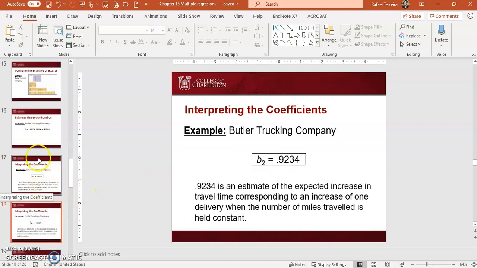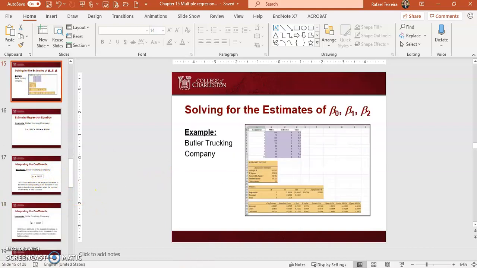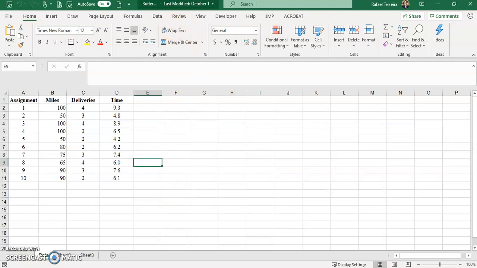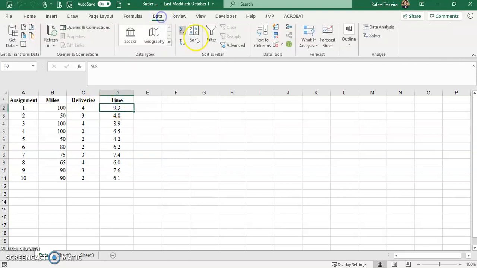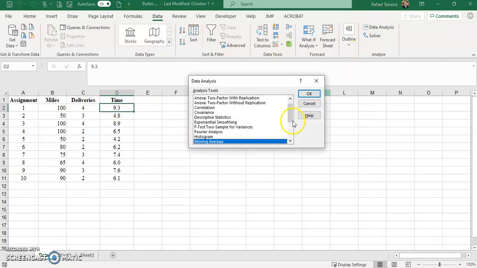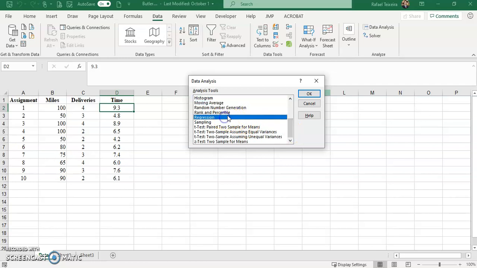Let me show you how to do that. Let's open Excel. Here's the Excel file Butler, and here are the assignments, the miles, the delivery time, the deliveries, and the total travel time. So we go to data analysis, and then we go to regression.